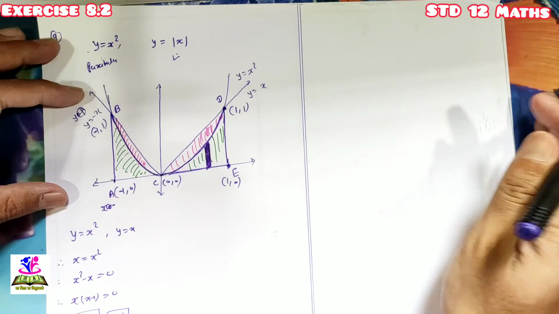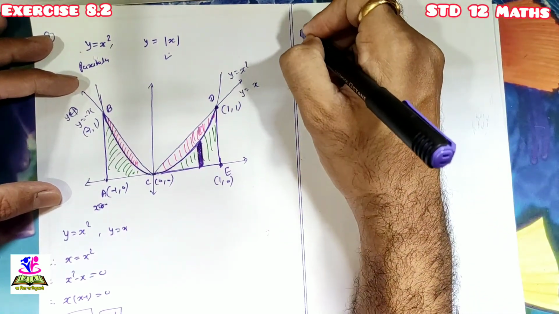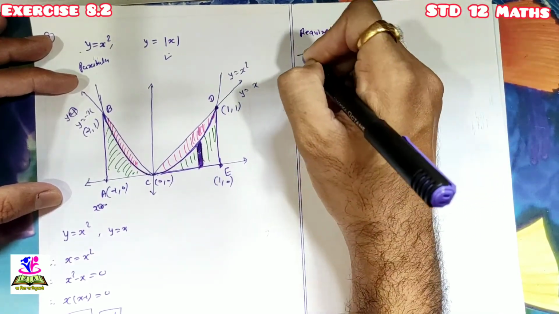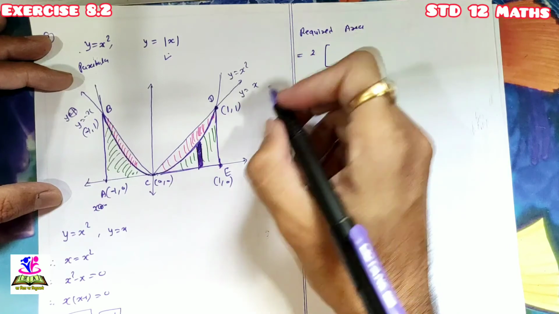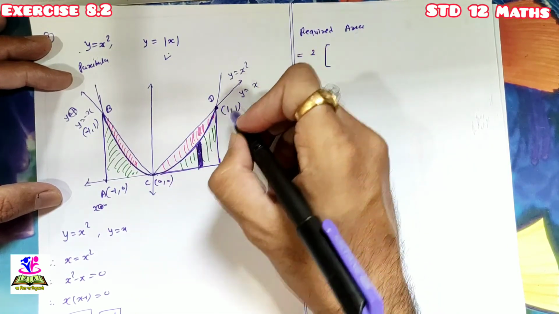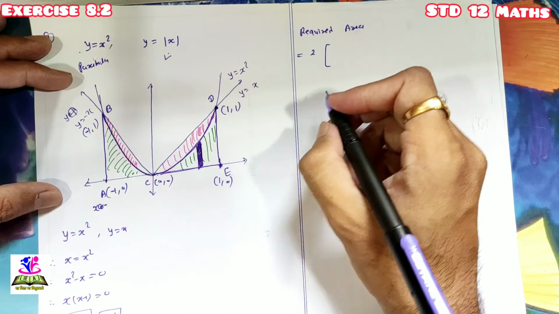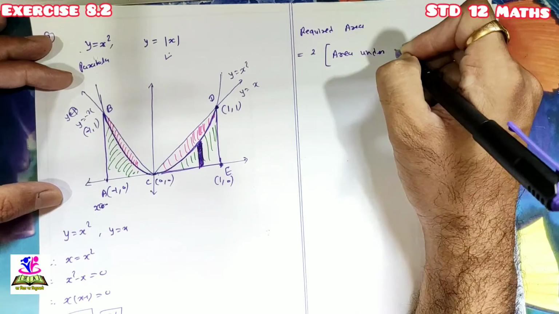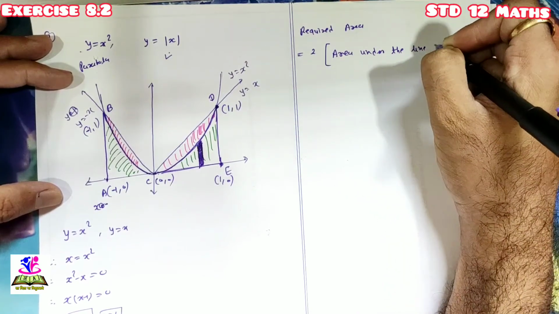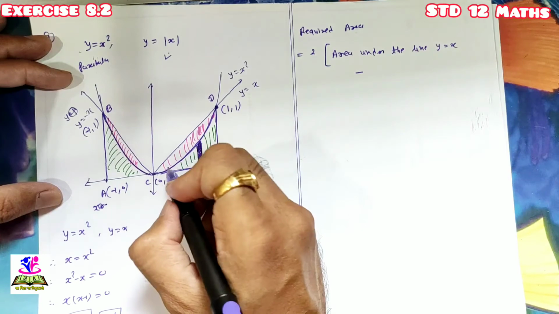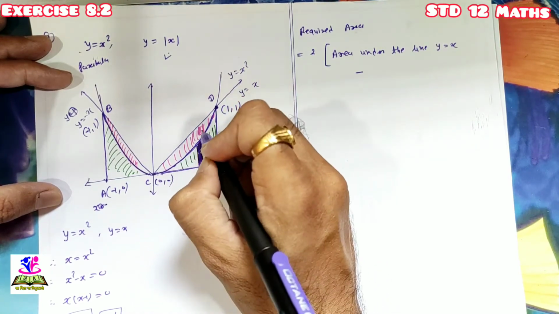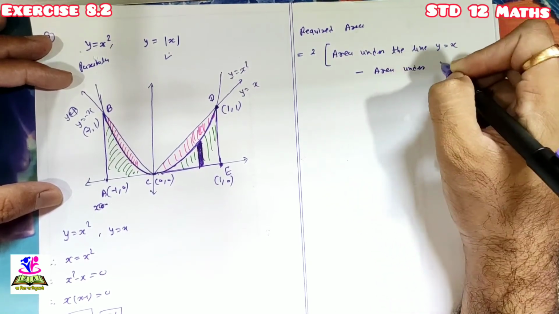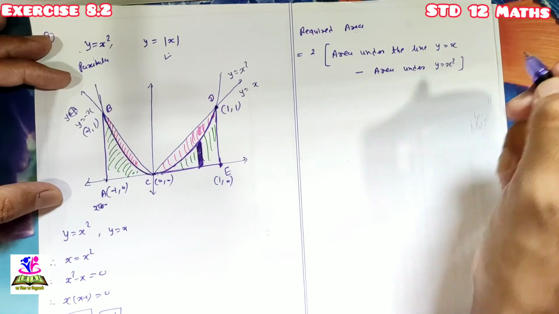So now our required area is twice of the area under the line y equal to x, minus, ये करना पड़ेगा, that is the area under the curve y equal to x square.